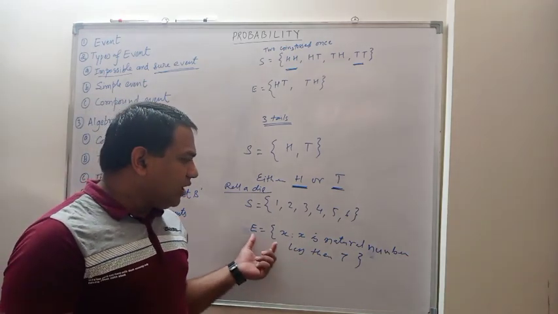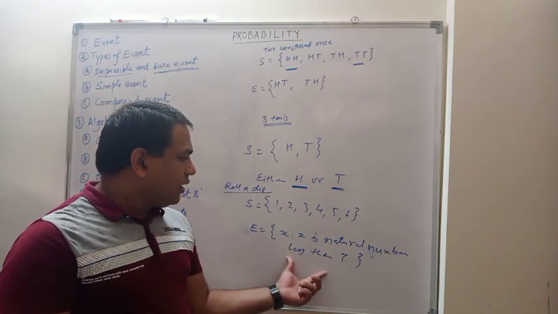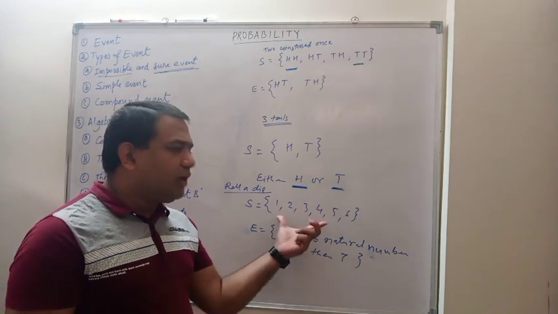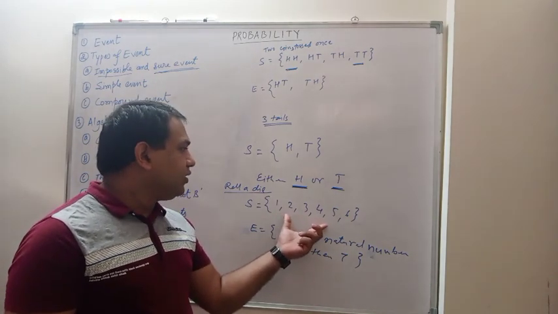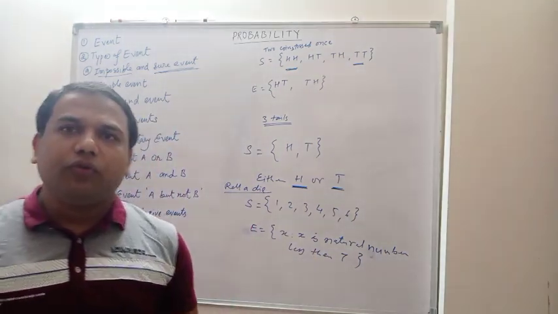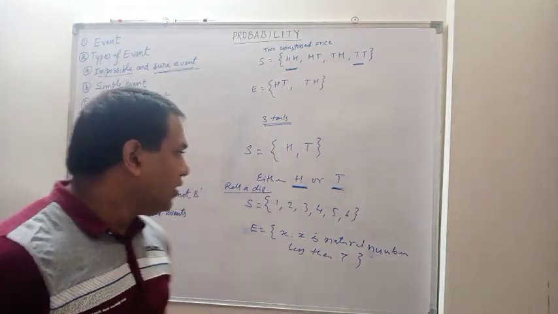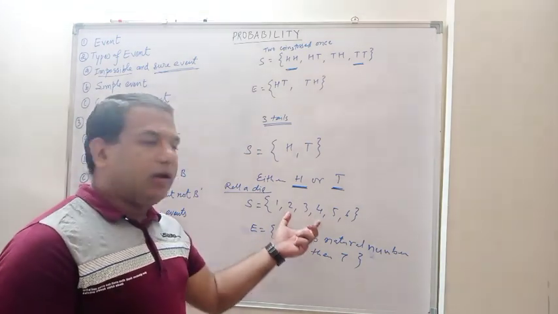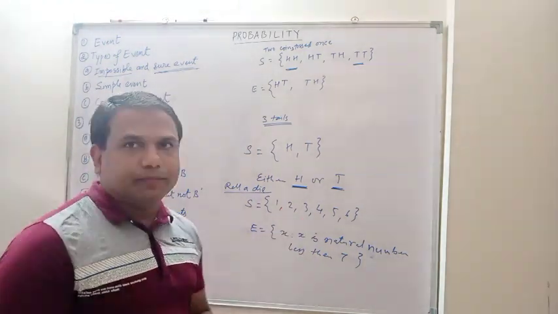By looking at this event, you can say that less than 7, each and every number is there, so it is a sure event. Definitely you will get either 1, 2, 3, 4, 5 or 6 as your event.